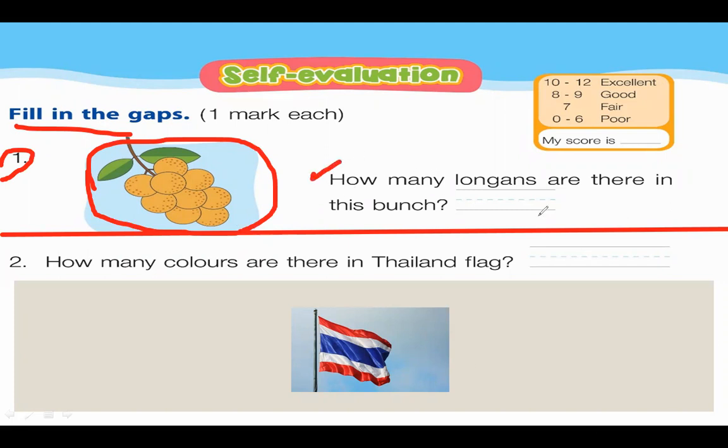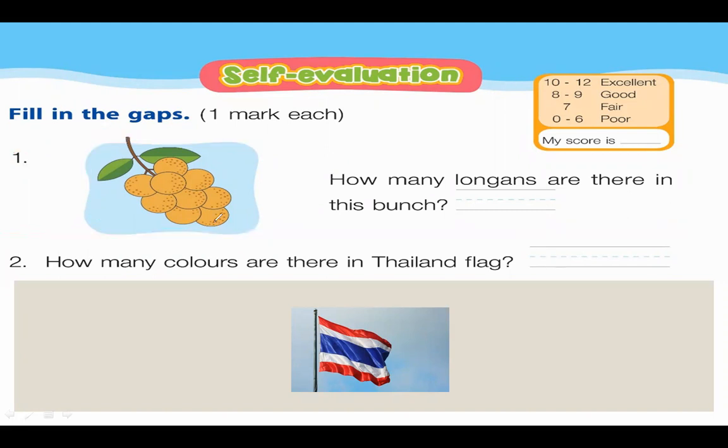How many longans are there in this bunch? So you have to count how many. Again, the question is how many longans are in this bunch?